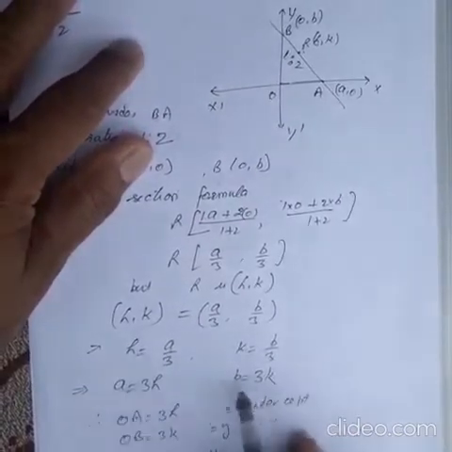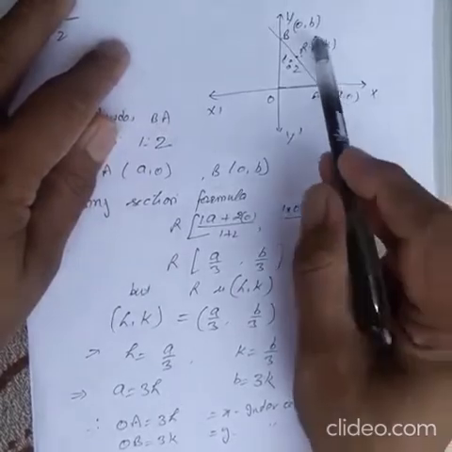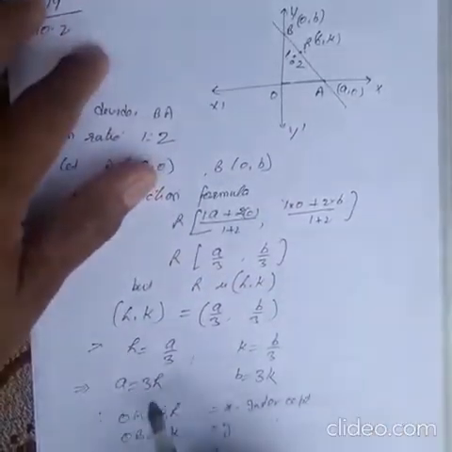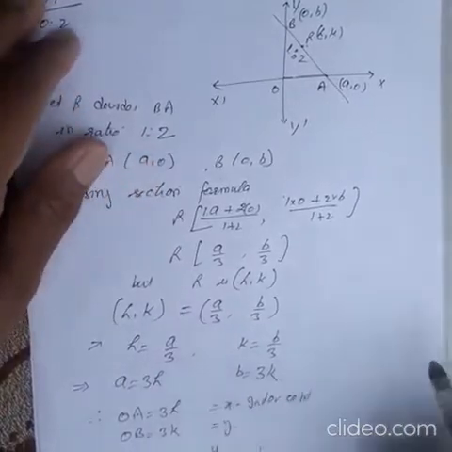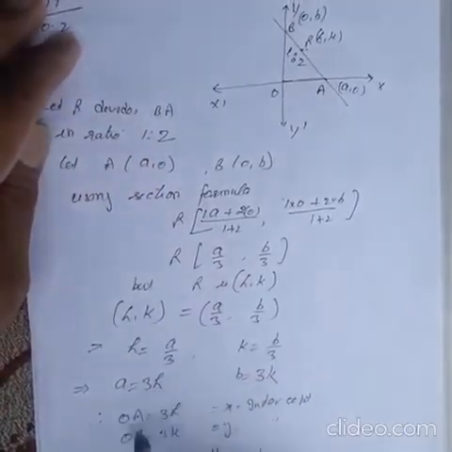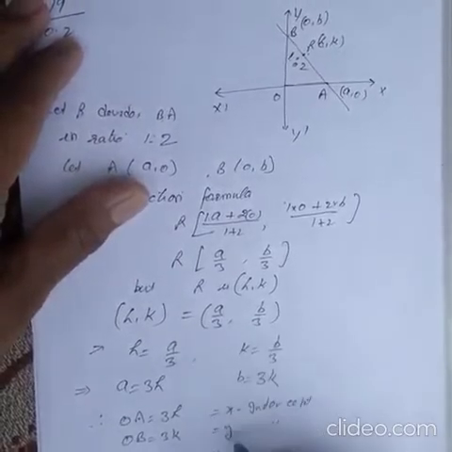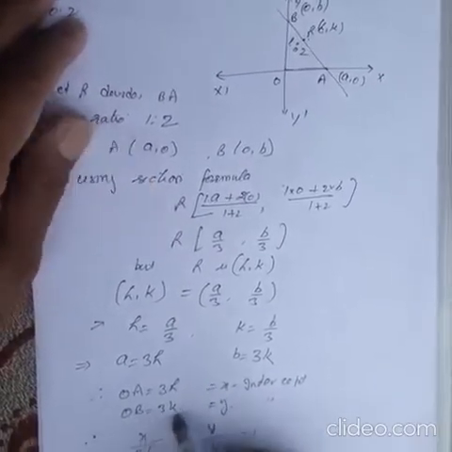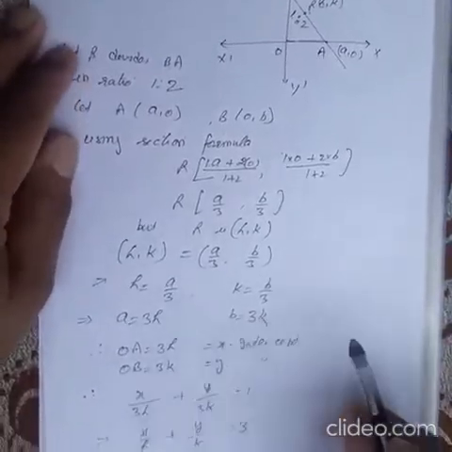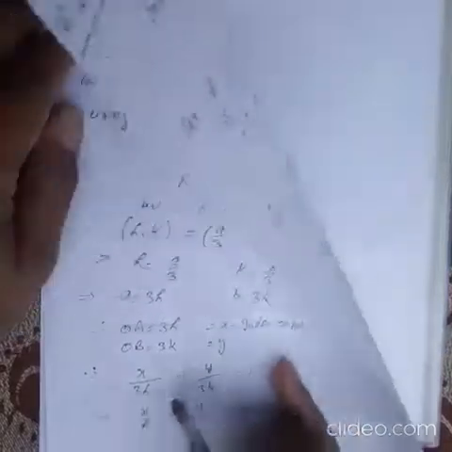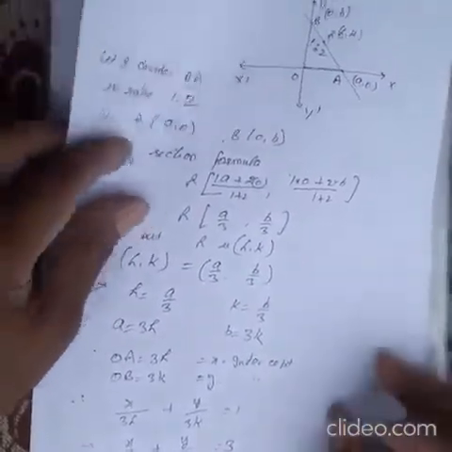We can find the values of a and b because a and b we have assumed in this question. So a is 3h and b is 3k. So a is 3h, this is the distance OA and this is the x-intercept. Similarly the y-intercept is OB, which is 3k as we have calculated. So using the intercept form of the line we will find the equation, and this is the required equation. I hope it is clear.